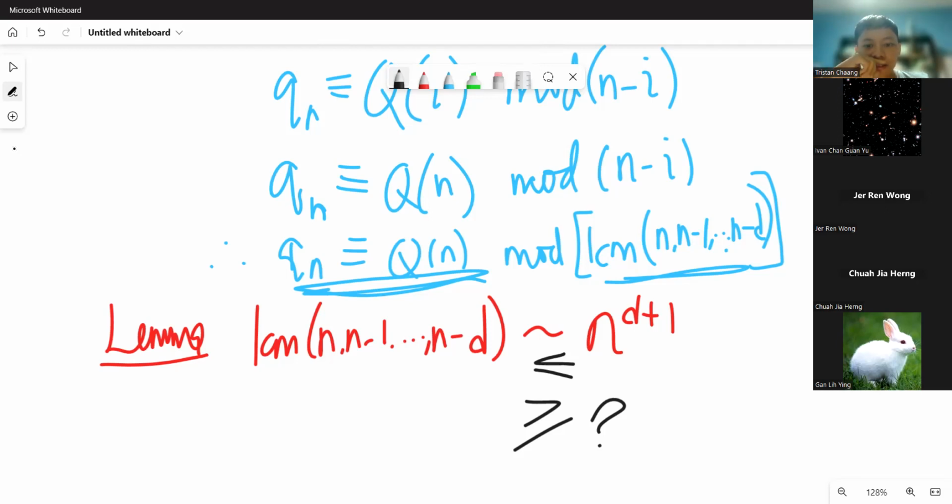And how do we handle the remaining primes that are less than d?